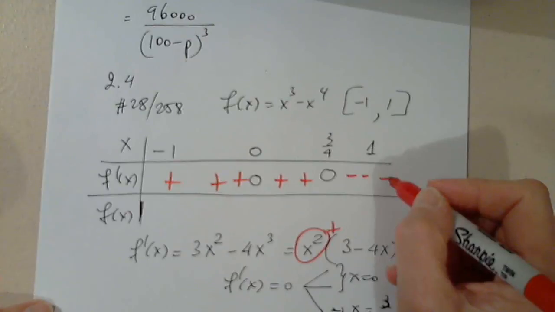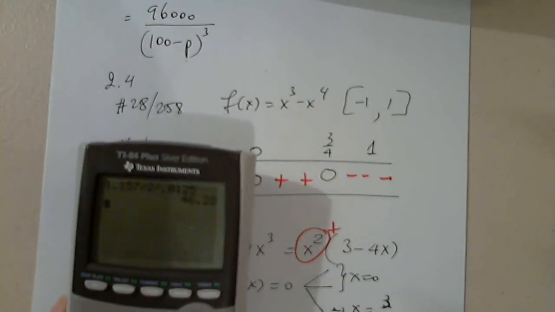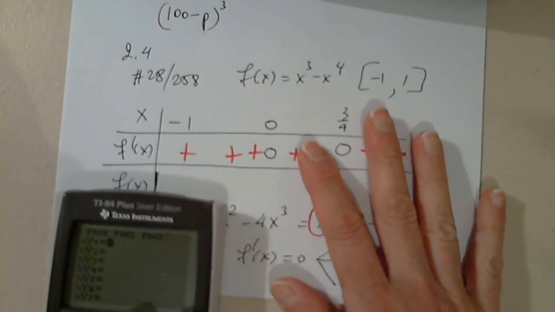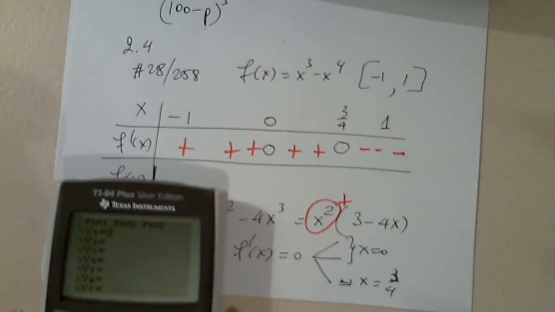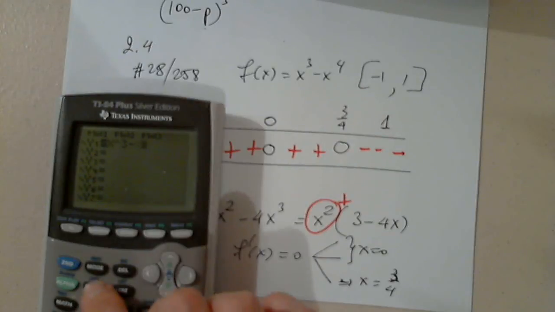This will be negative. At this point, I take my calculator and I put the function in the graphing calculator, which is x cubed minus x to the fourth.